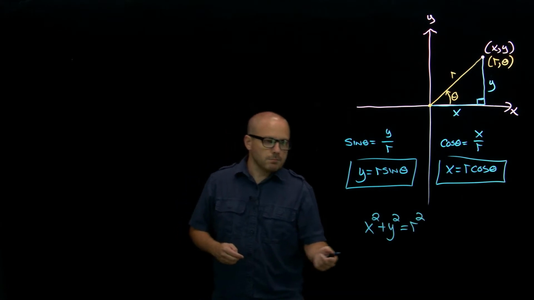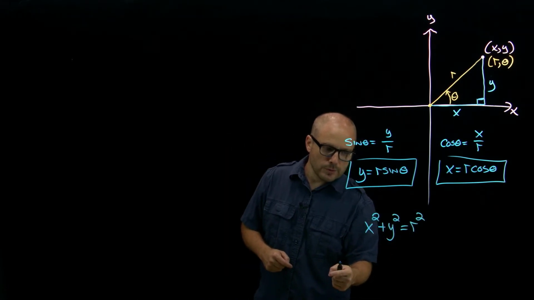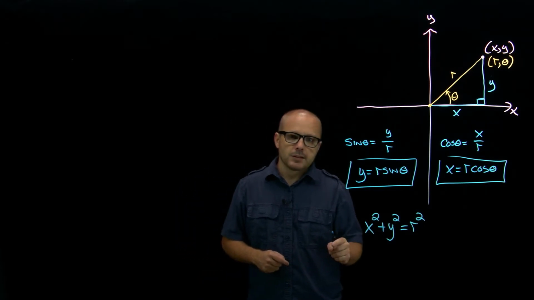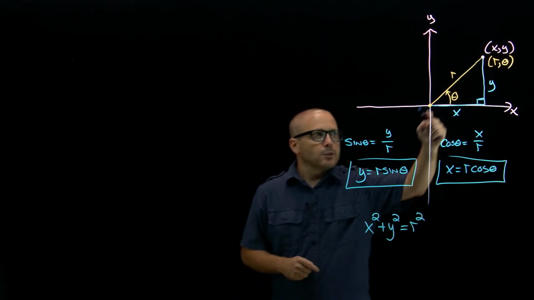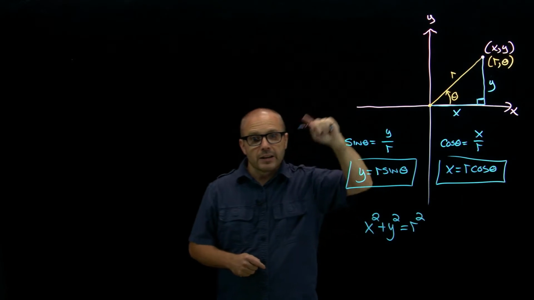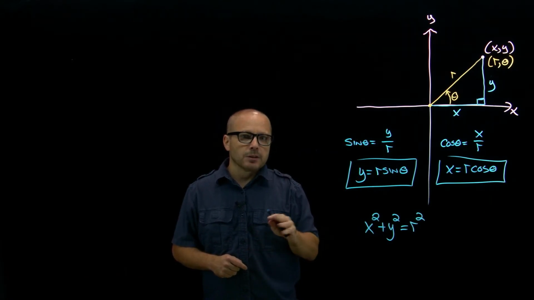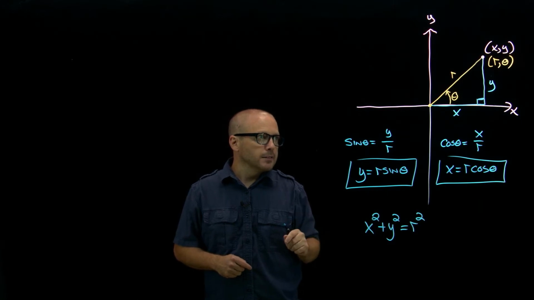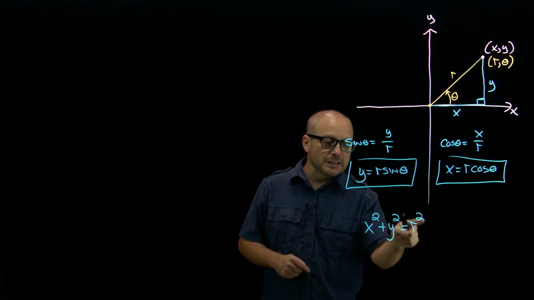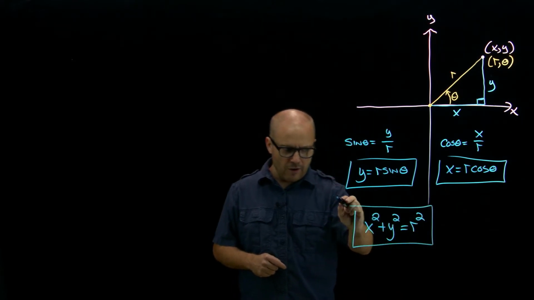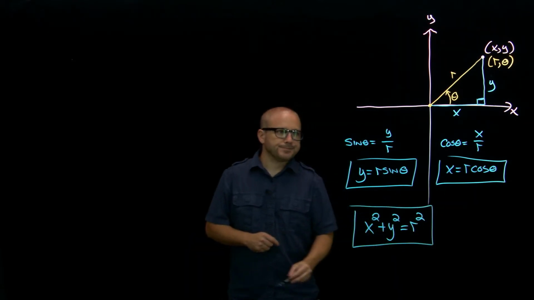Now you could take the square root if you'd like, but you will put a plus minus on there. One thing that's interesting about polar coordinates is we are going to allow r's to take on any value, positive or negative. And when we get to an example, I'll explain to you what we mean by a negative radius. So let's just leave that in terms of Pythagoras and not solve r by taking plus minus square root.